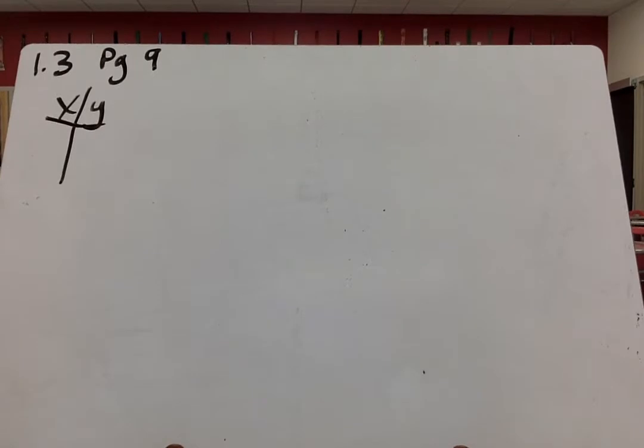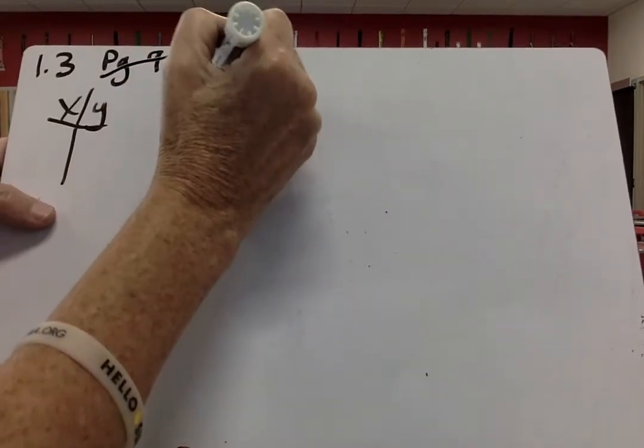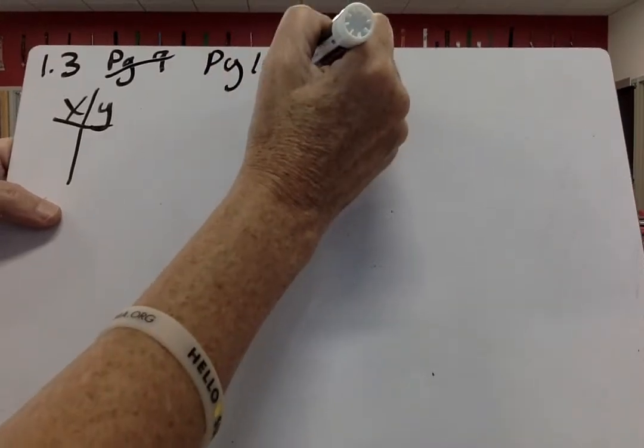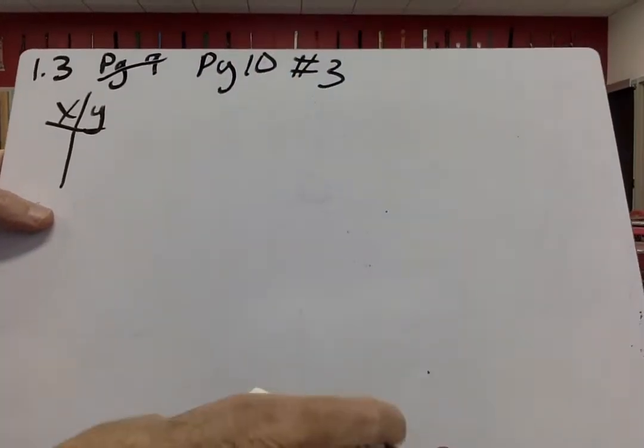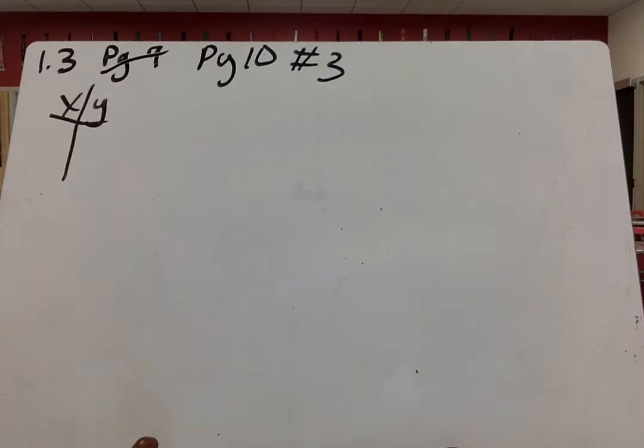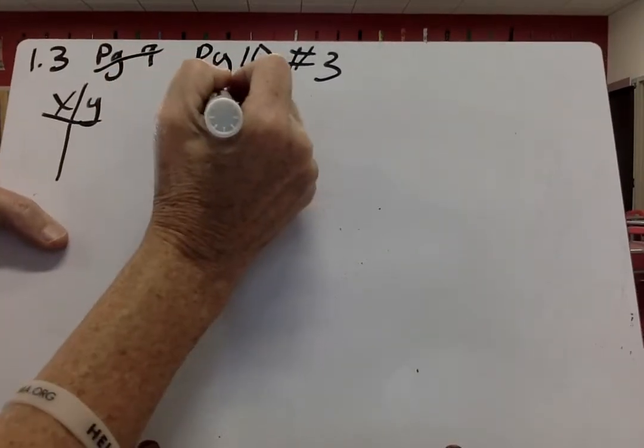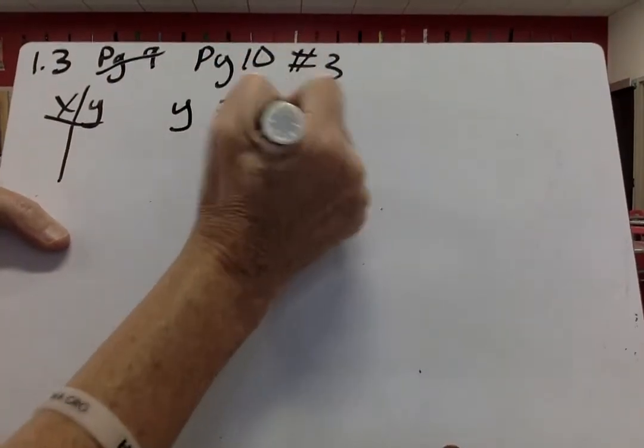The first one has been done for you, so I'm going to just let you look over that, and I'm going to jump to number 3 on page 10. Okay, so we have y equals 1/2 raised to the x power.